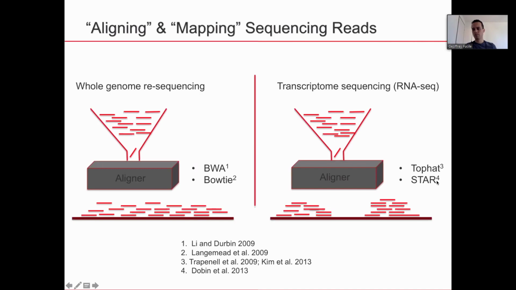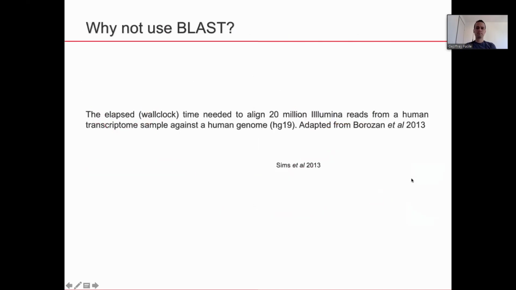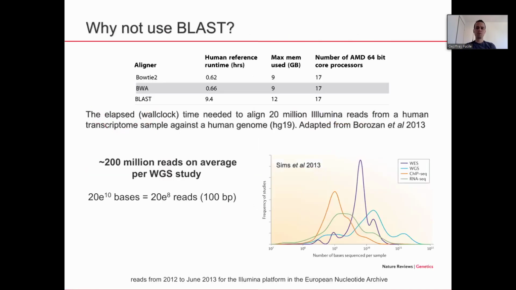So STAR is a pretty popular, quite accurate and modern approach to do this. The reason why we don't use something simple like BLAST is because it's way too slow. BLAST is the algorithm that you generally use for finding similar sequences.